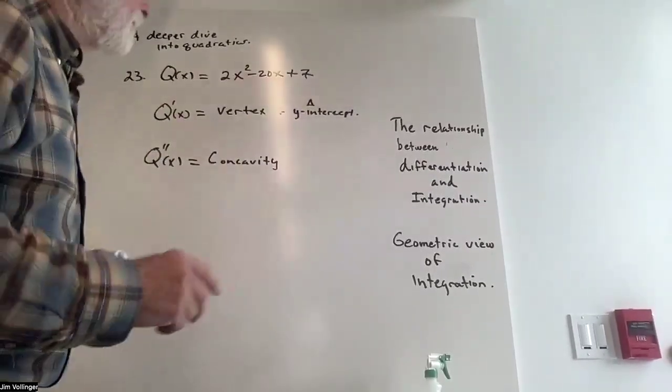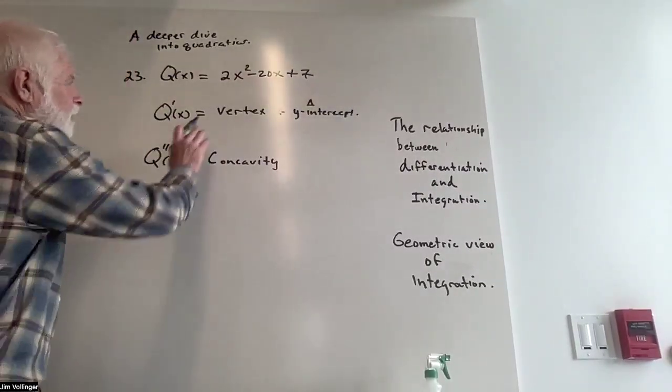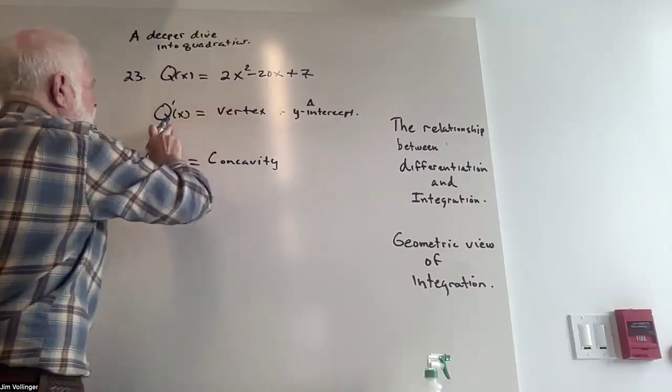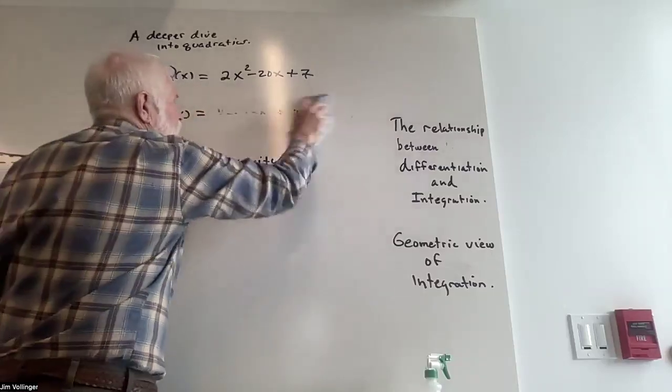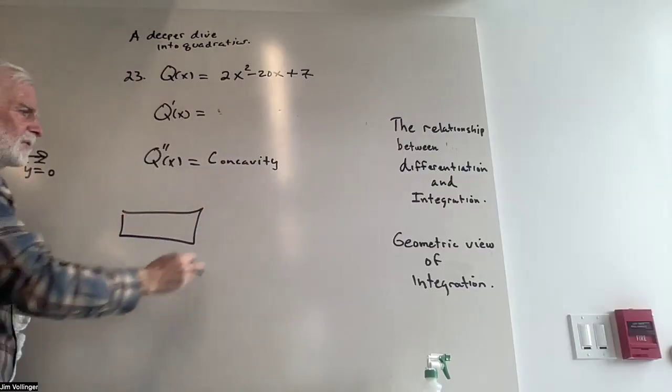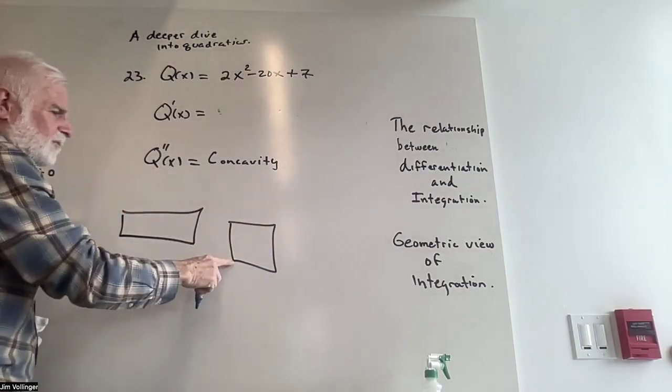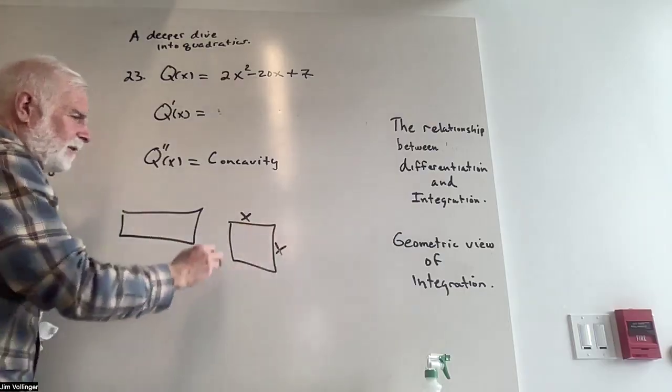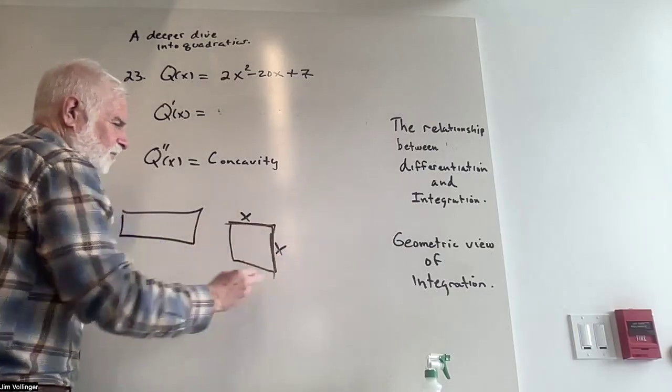Why? Because we can. All right, so we're going to find the vertex and the y-intercept by taking q prime. Q for quadratic. Quadratic. Four-sided figures. Most important one, the square. How do squares change? Previous videos, the length of side of the square, 2x.